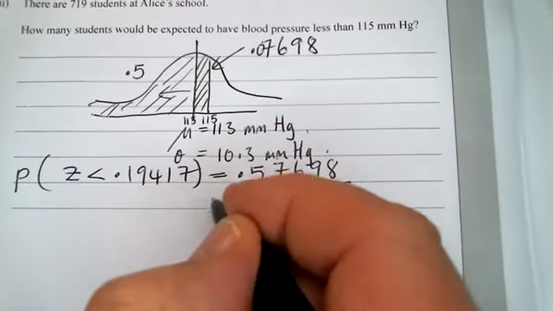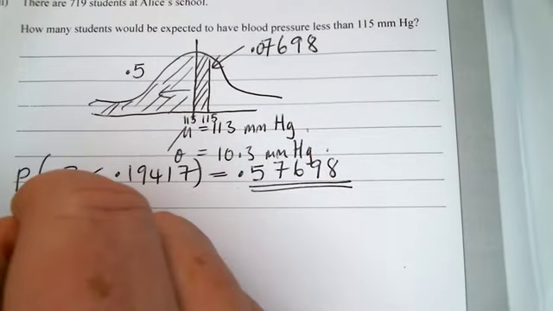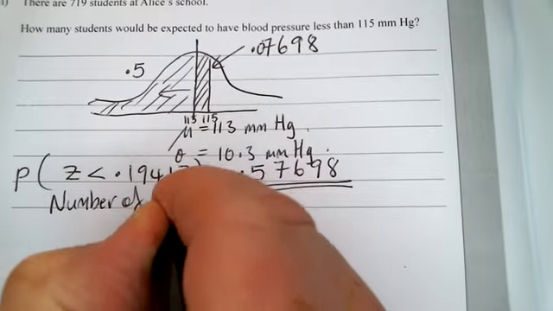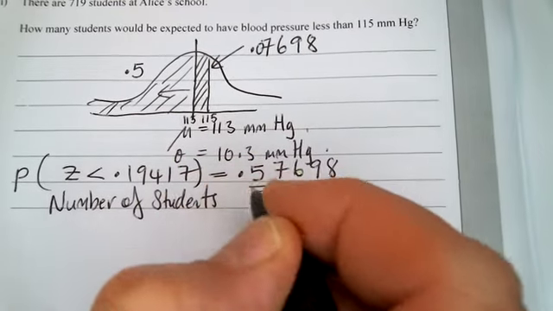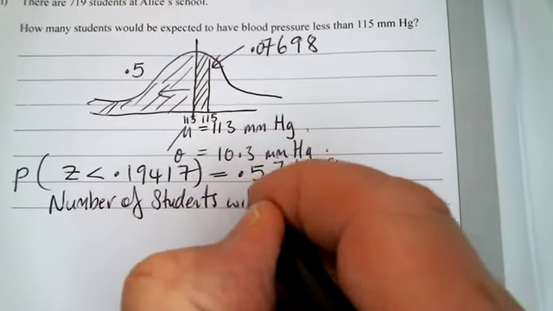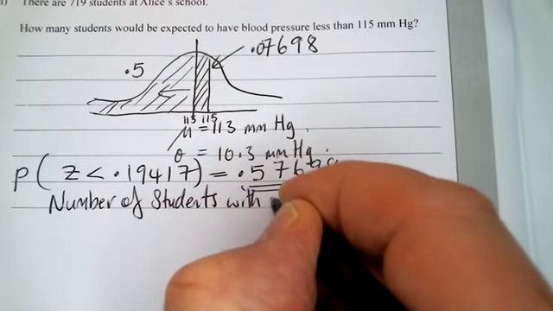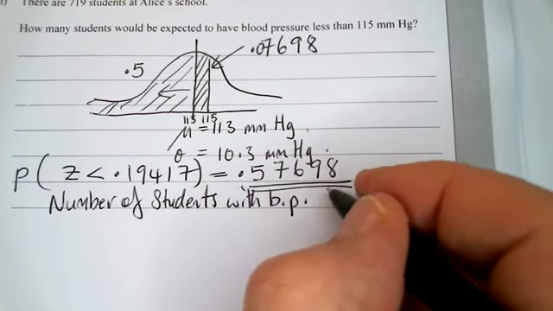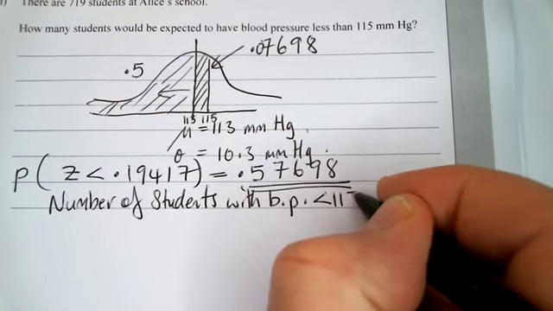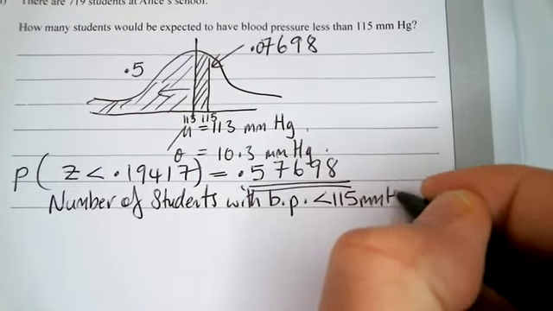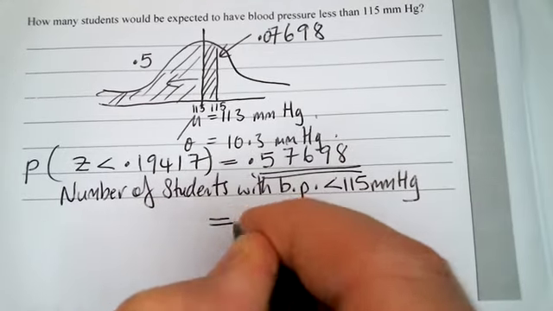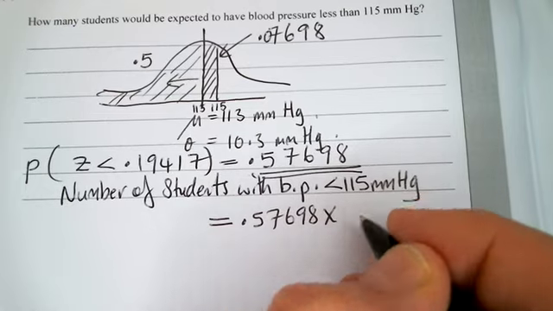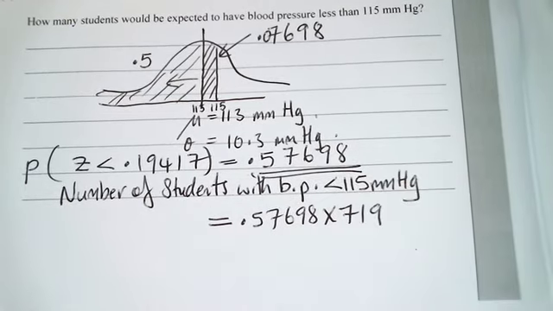So it's going to be the answer, the number of students, and this is where you need to write a statement: with a blood pressure, I'll put BP, blood pressure, less than 115 mmHg equals 0.57698 times 719. And I'll do that on the calculator.